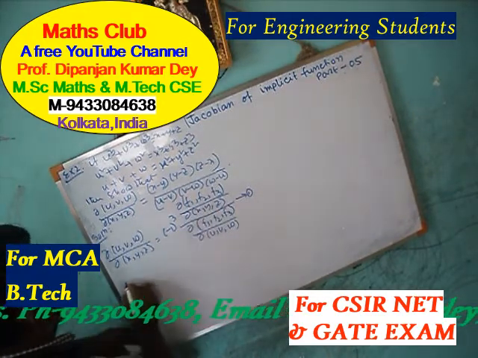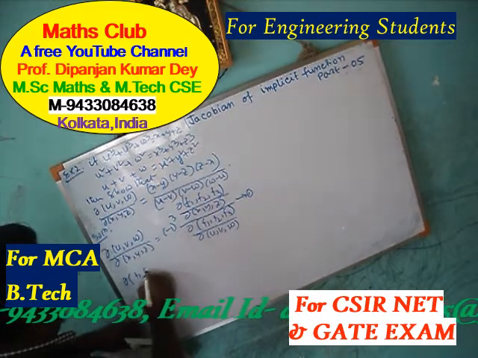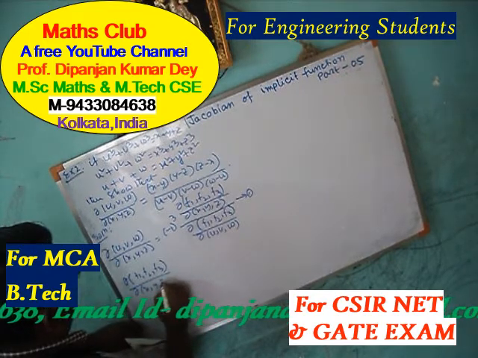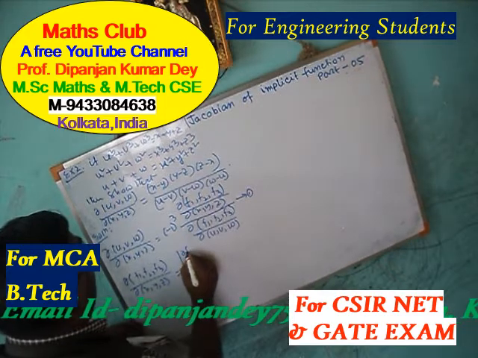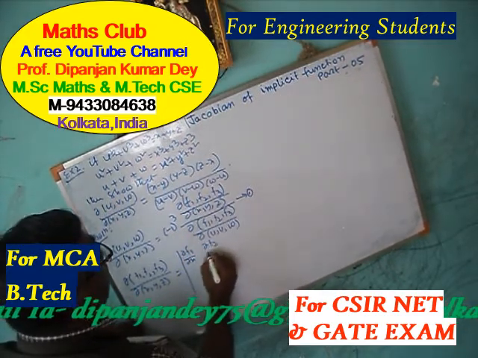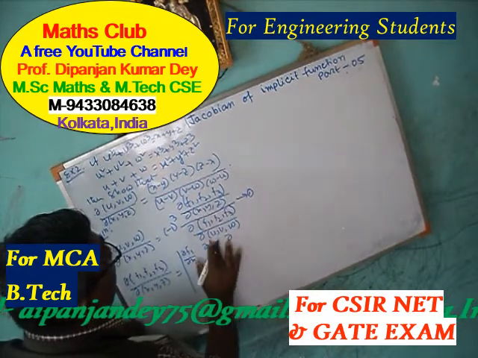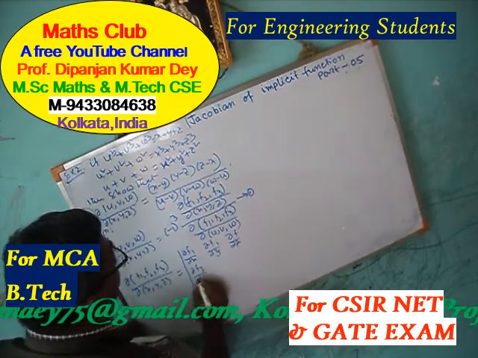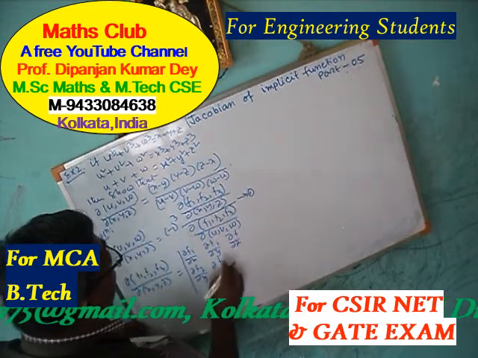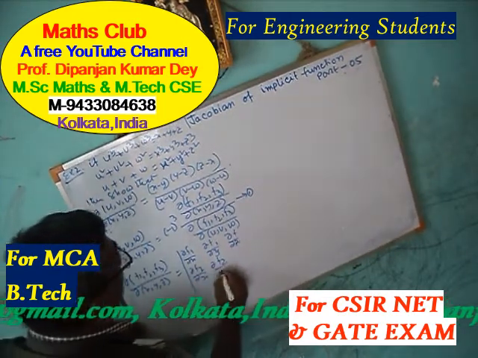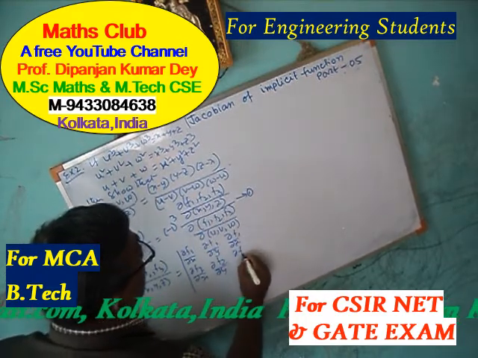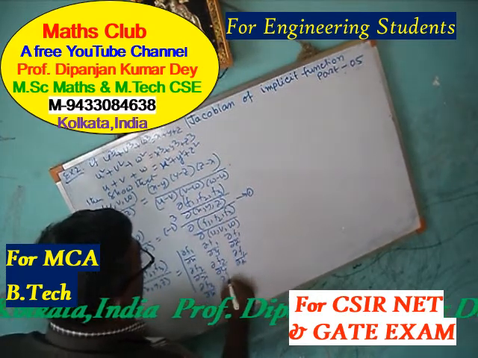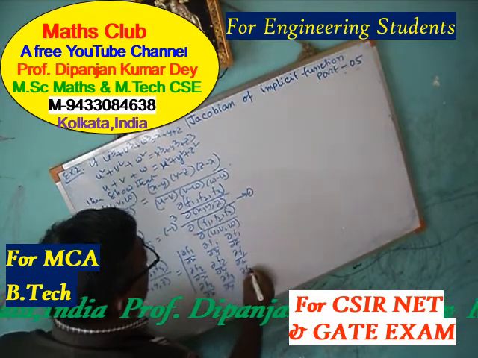So now this part I am finding, that is del f1, f2, f3 by del x, y, z is equal to the determinant of del f1 by del x, del f1 by del y, del f1 by del z, del f2 by del x, del f2 by del y, del f2 by del z, del f3 by del x, del f3 by del y, del f3 by del z.